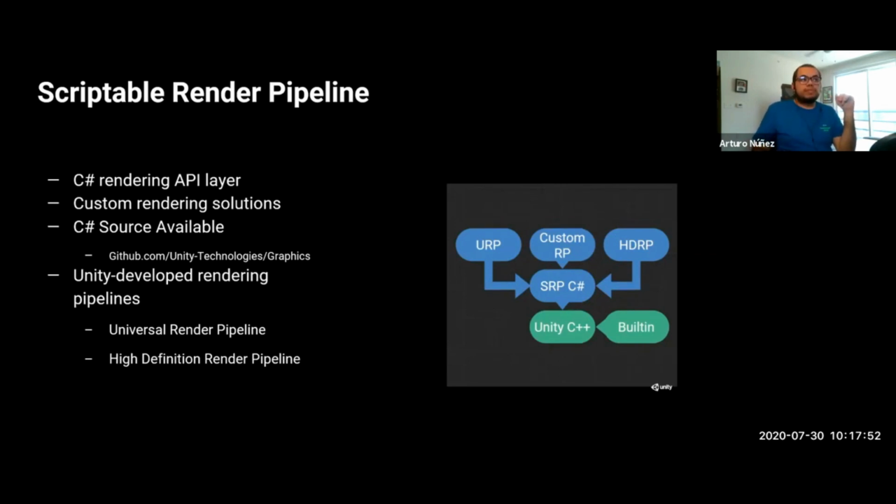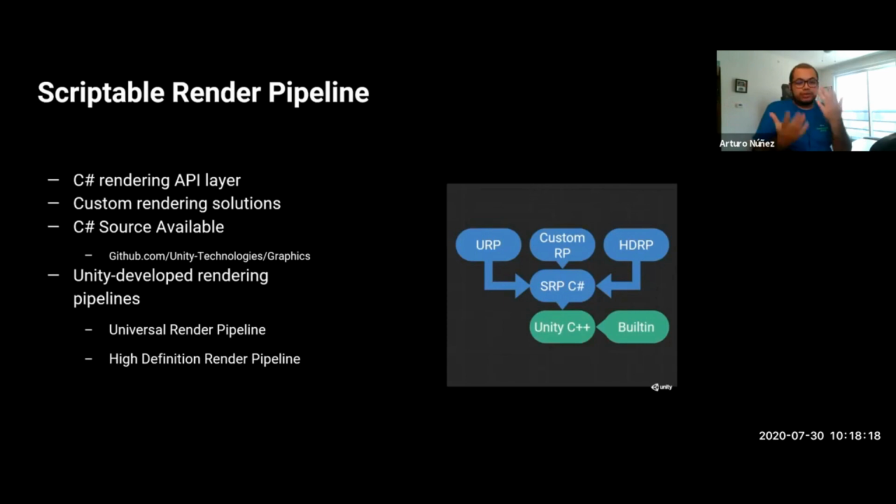One is the universal render pipeline, and the other one is the high definition render pipeline. These are two render pipelines that you just need to download from the package manager, install in your project, and configure, and you don't have to do anything else if you don't need to.